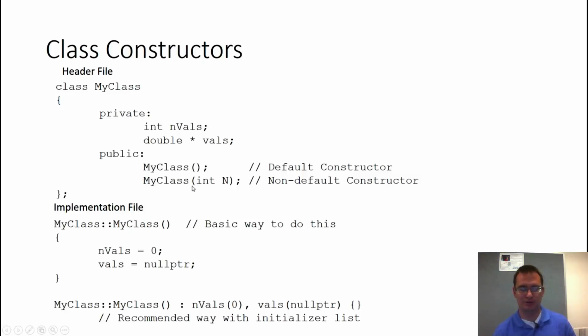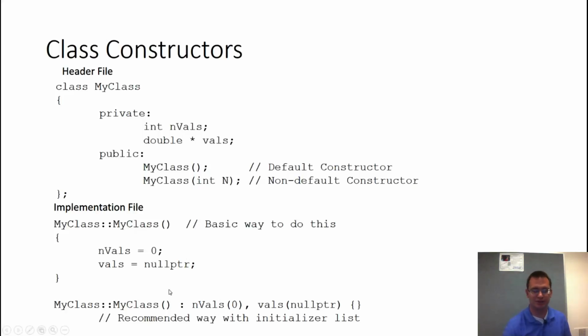And then we have a non-default constructor, which takes n here. Now, in the implementation file, this is probably how you do this. You say my class, : my class. And then you say the number of values is equal to 0, and we set the values pointer to a null pointer, which makes sense. Okay, we're going to say this is not pointing anything. We haven't done anything with it yet.